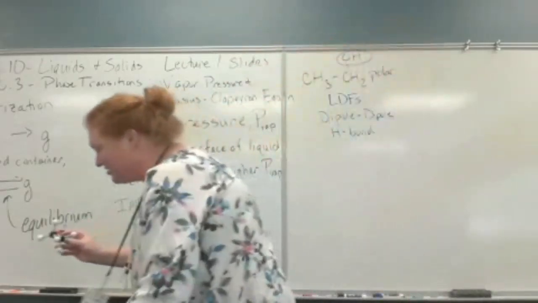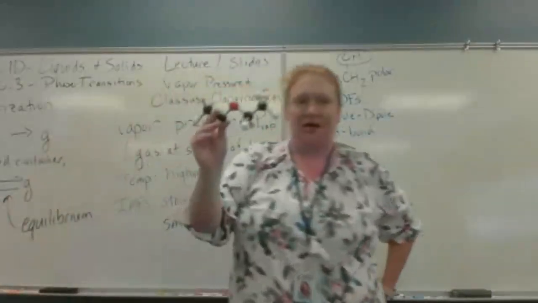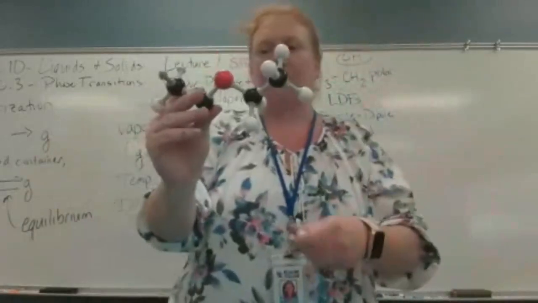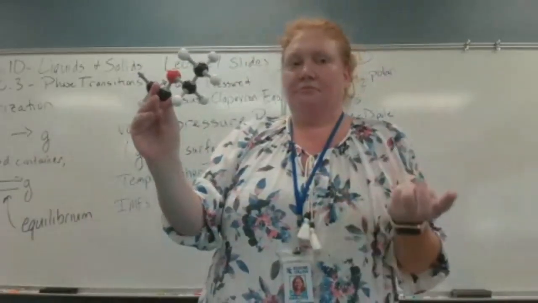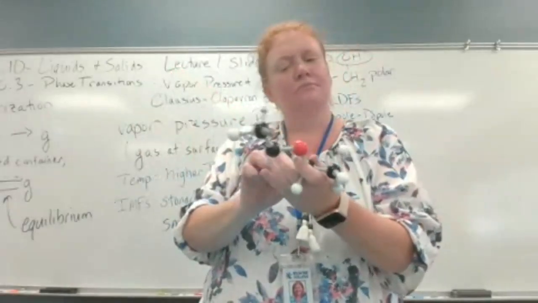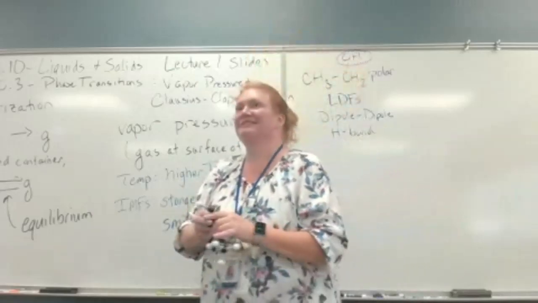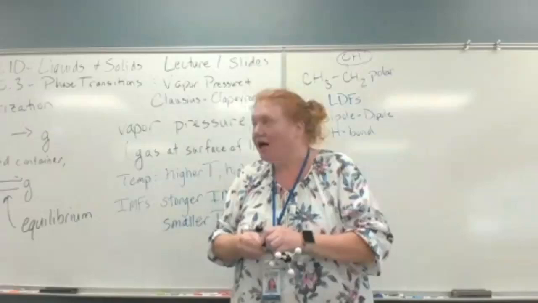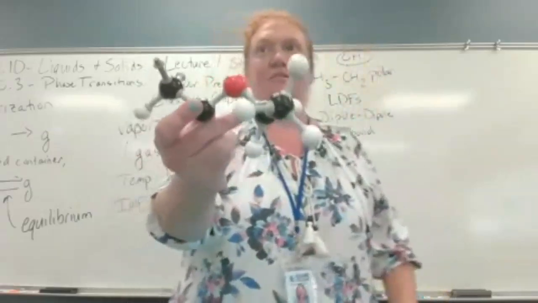But when you look at this shape right away, you guys should be able to tell me, is this polar or non-polar? Polar because of the O in the middle.